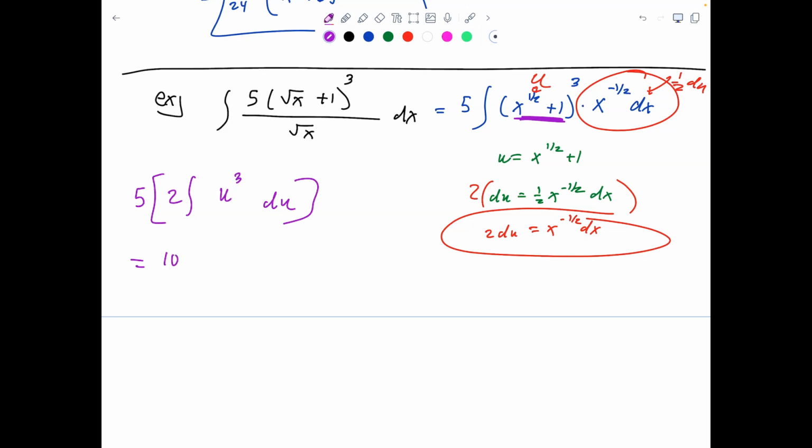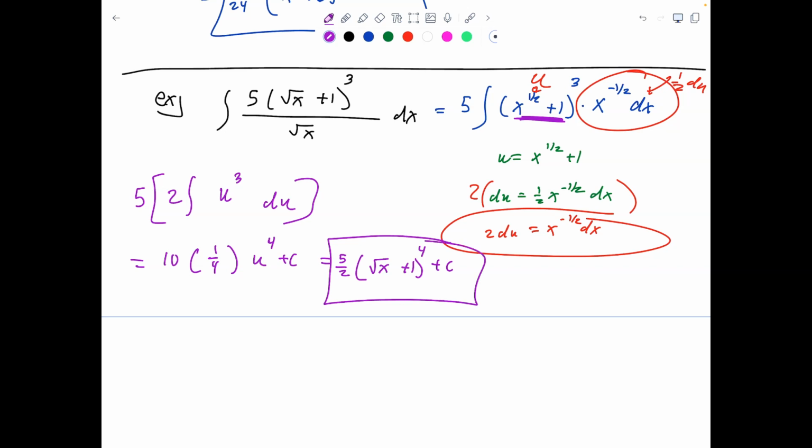Which gives me 10 times u to the 3 plus 1, which is 4, over 4, plus c, which gives me an answer of 5/2 (square root of x, which is u, plus 1) to the 4th plus c.